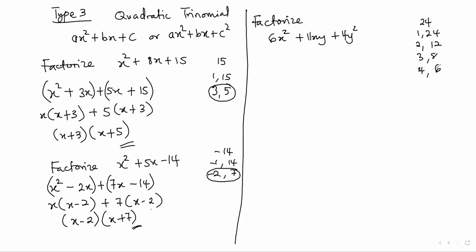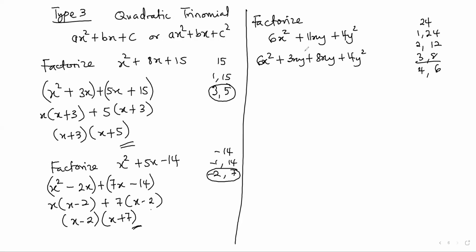So which of them pairwise can give you 11 by way of adding? So we realize that it will be 3 and 8. So we write 6x squared plus, this is having two variables, so we're going to have 3xy plus 8xy, giving you 11xy, then plus your 4y squared.